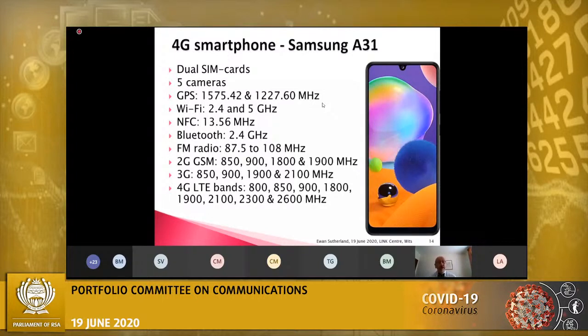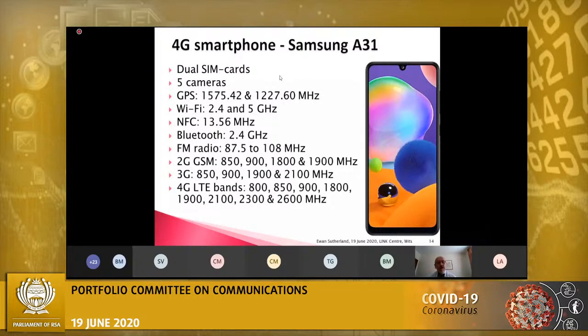It has 5 cameras on it, and then it has GPS, 2 Wi-Fi bands, a near-field communication connection, which for some strange reason, my credit card has lost its wireless capability. So I, for the last 3 months, have been using my mobile phone instead of a credit card, using the NFC capability.